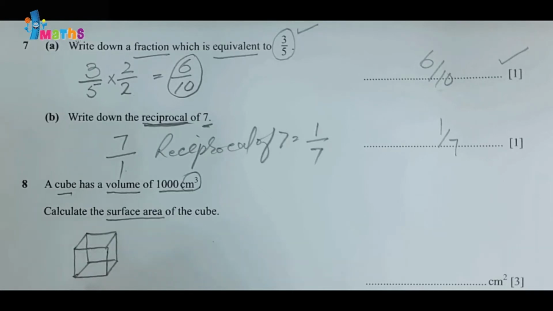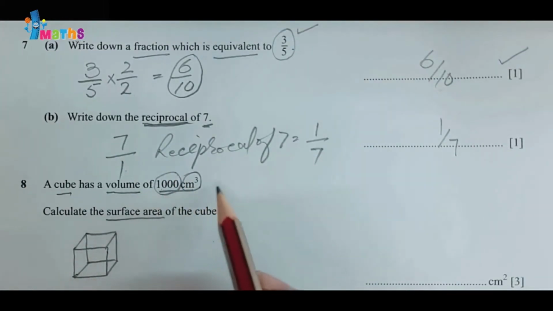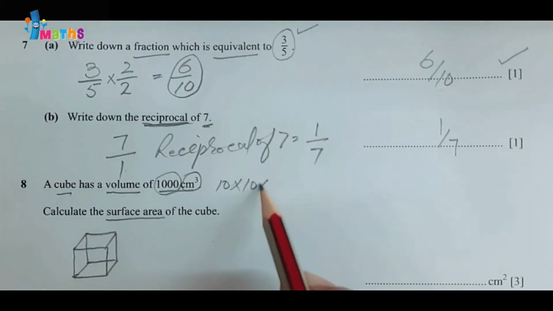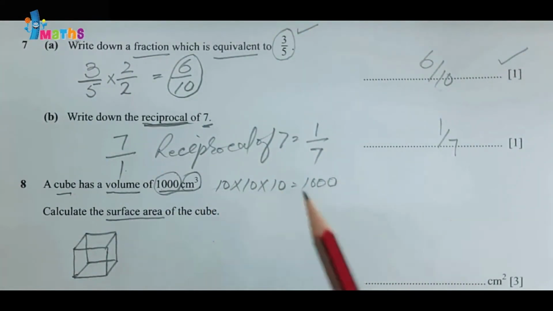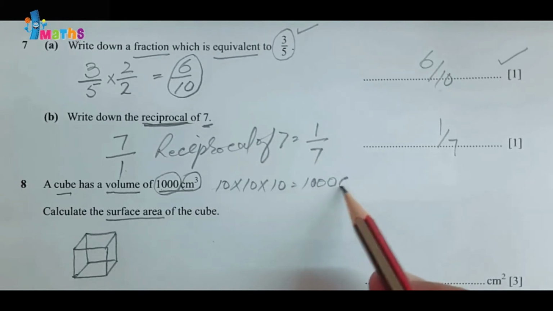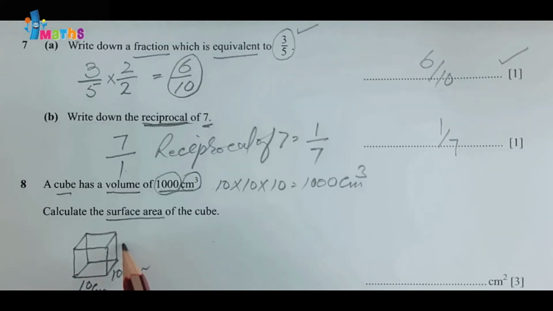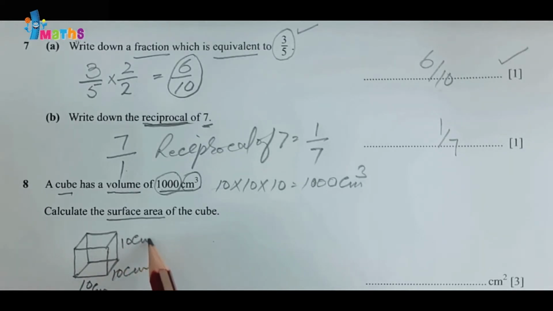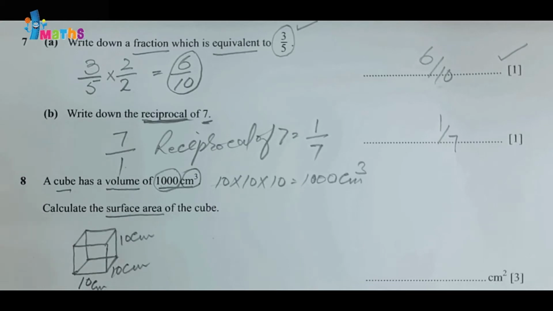Each side is 10 into 10 into 10, so it means it is 1000 centimeter cube. So each side of this cube is 10 centimeter. Length, width also 10 centimeter, and height also 10 centimeter. So we got this cube which has all sides 10 centimeter.